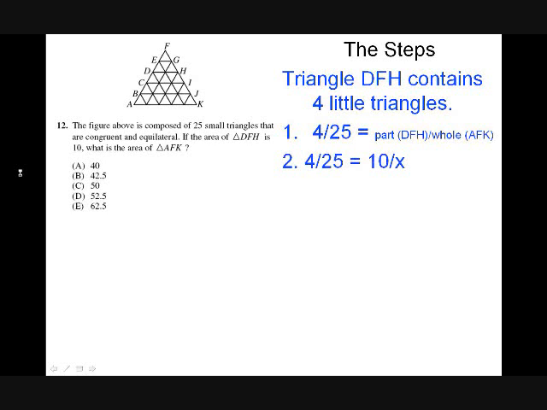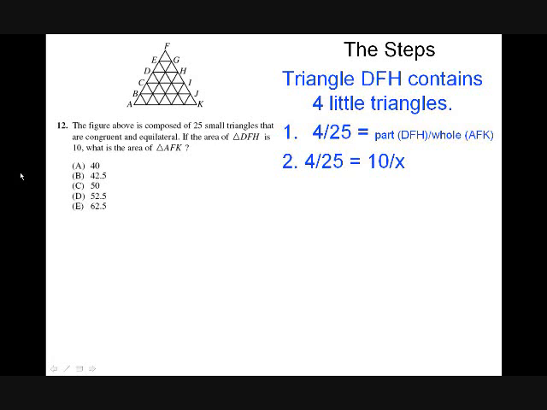So we get 4 over 25 is equal to 10 over x. 10 is the area of triangle DFH, which we're calling the part, and we're dividing that by x, which is the whole, the area of triangle AFK.